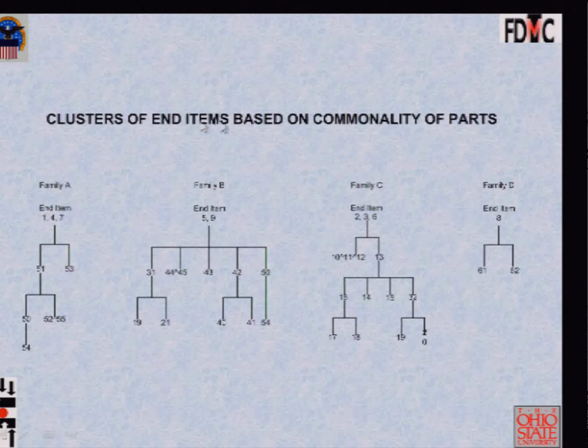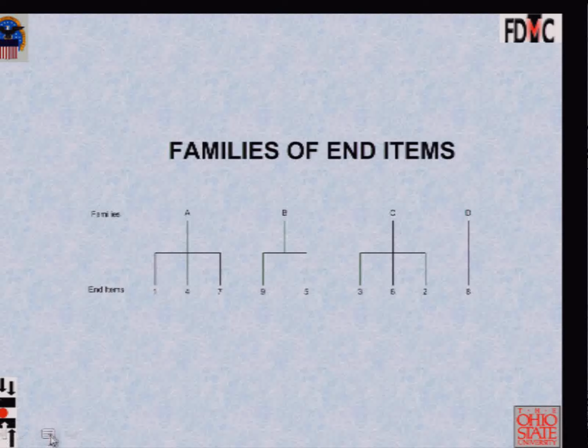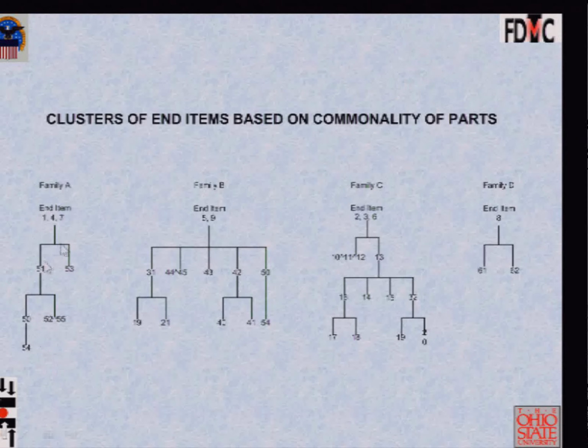And then once you have these product families, then you go back and identify the part families. So this is basically telling you how you would design flexible parts producing feeder cells which would then assemble into these flexible assembly lines.